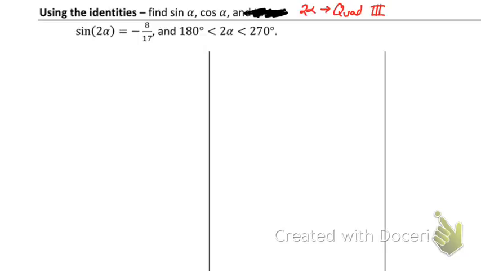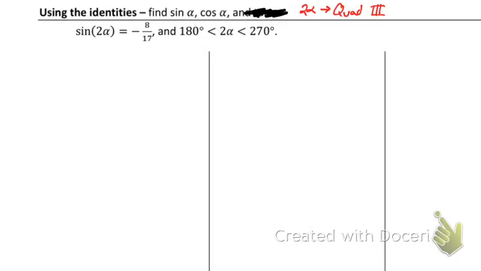Now we're going to be finding sine alpha, so I need to know what quadrant alpha is in. Alpha will most likely never be in the same quadrant as 2 alpha, because you have one angle and a double angle that is twice as big. So all we have to do to figure out where alpha is is divide everything by 2. 180 divided by 2, 2 alpha divided by 2 is alpha, 270 divided by 2.